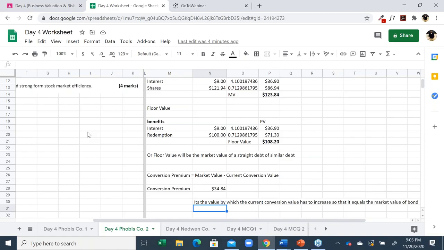So the market responded to a new piece of information, and the response of the market is always in the form of a price. So the price of a share may go up or may go down.